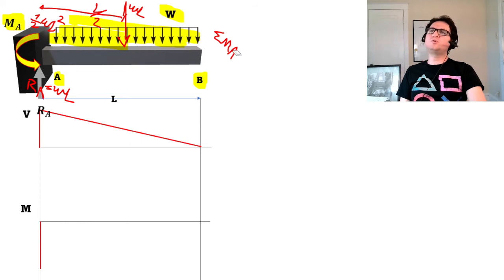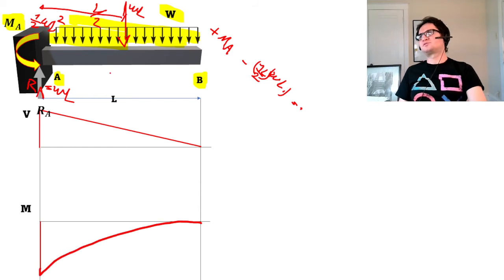By developing the moment equation, you can easily get the moment at A. So it's not zero, that's a positive MA minus WL times L over 2 should be equal to zero. And that simply gives you MA is a half of WL squared.